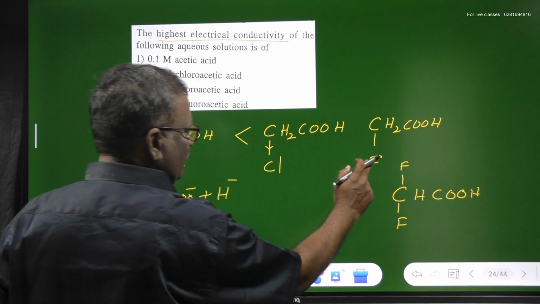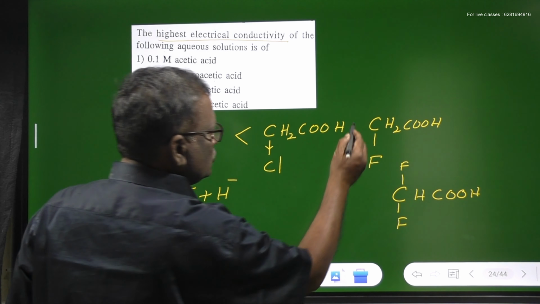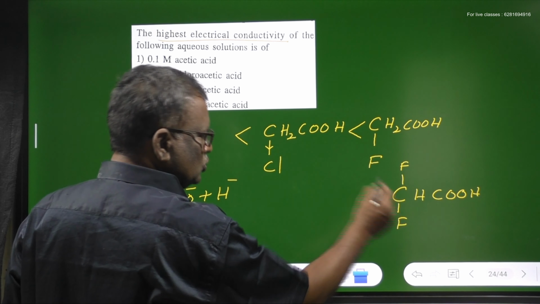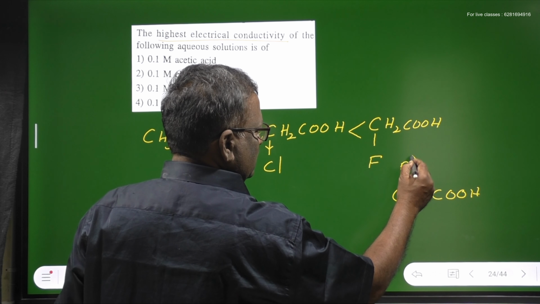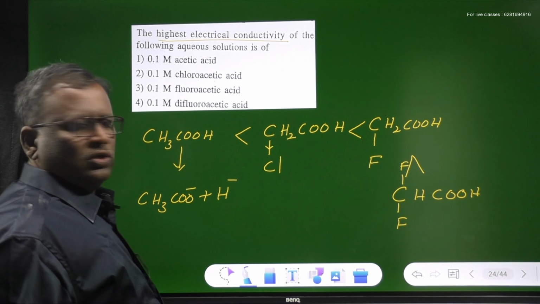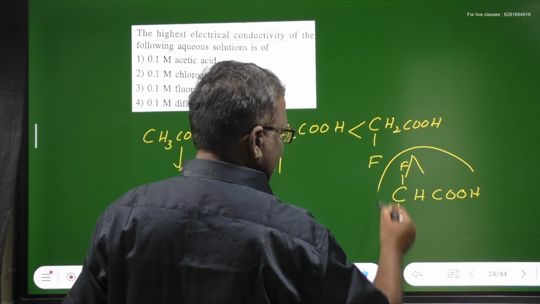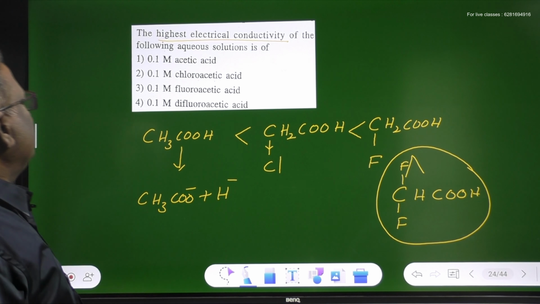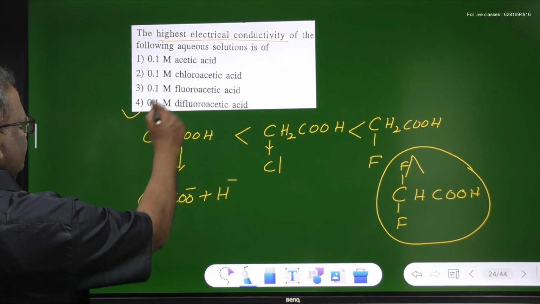In the case of chlorine and fluorine, fluorine has more electronegativity, so this is more ionizable. Since here two fluorine atoms are there, this is highly ionizable. So out of these four, difluoroacetic acid will ionize to a large extent and it will have the highest electrical conductivity.